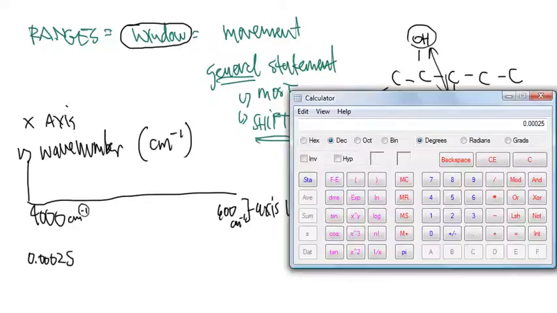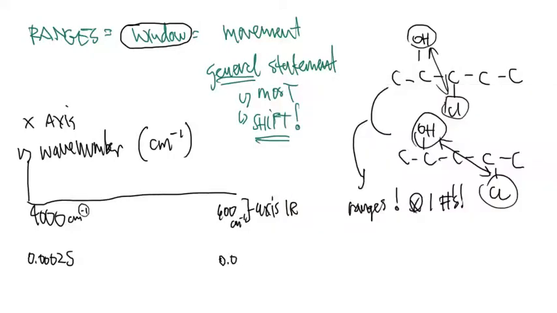And then if I take 1 divided by 600, I see 0.0016. Now, this is something you're accustomed to, because this is a really small number over here to the left, and this is a larger number over here to the right.